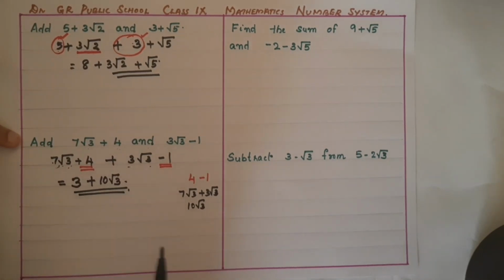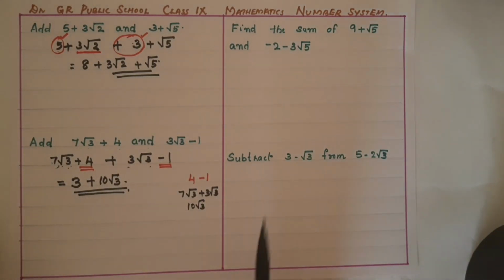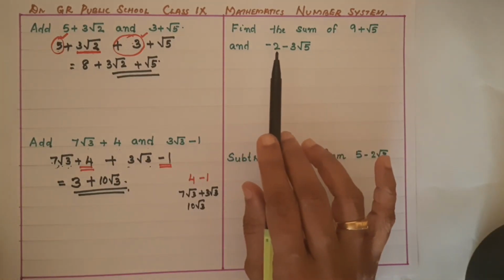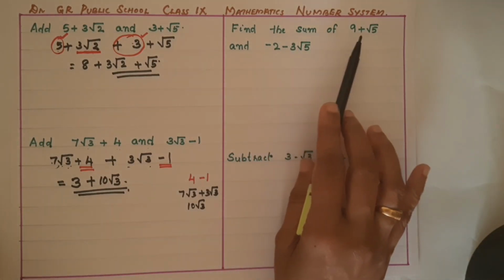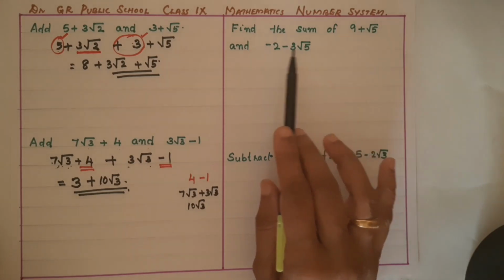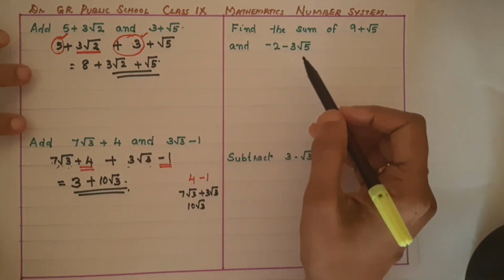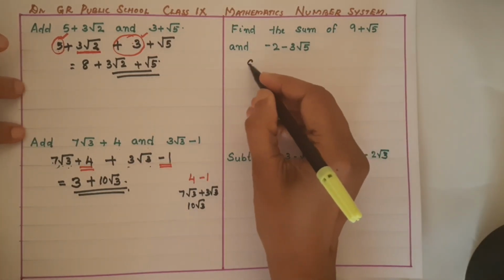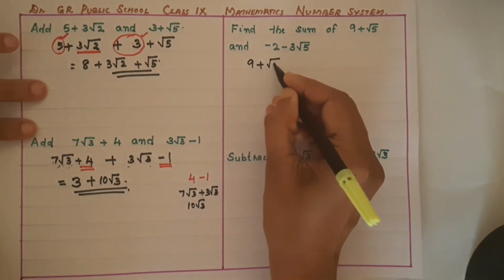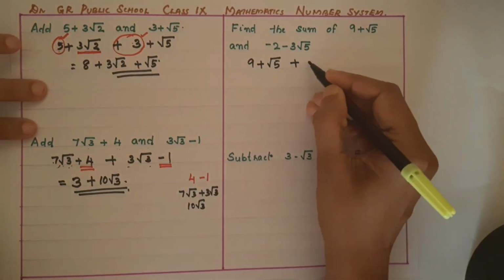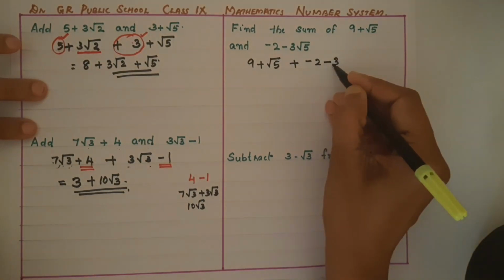Did you get it, children? Adding rational numbers together and irrational parts we are adding together. Okay, now come to this question. Find the sum of 9 plus root 5 and minus 2 minus 3 root 5. So 9 plus root 5 plus minus 2 minus 3 root 5.